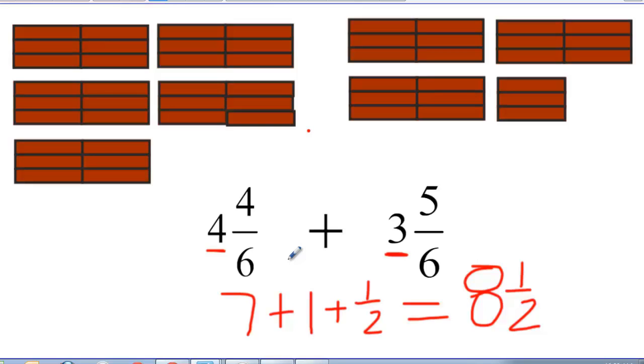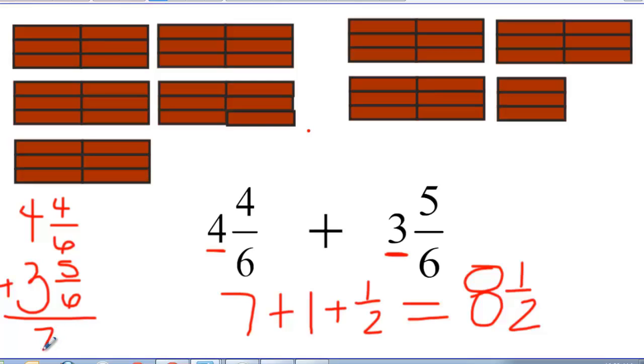You can see that if I add 4 and 4/6 over here, if I write these vertically, and I'm adding these together, I would get 7, and then I would add 4/6 plus 5/6, and that would give me 9/6.